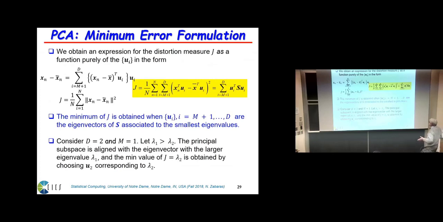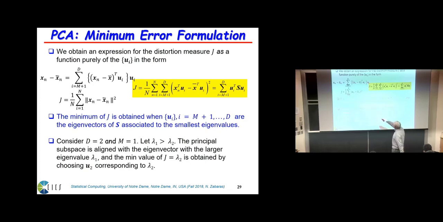Now, I haven't really shown you yet that the u's, obviously, have to come out to be the eigenvectors of the sample covariance matrix. The way to see it is very simple. We said that this is the approximation equation, this is our error, and you remember our objective was to minimize this error.